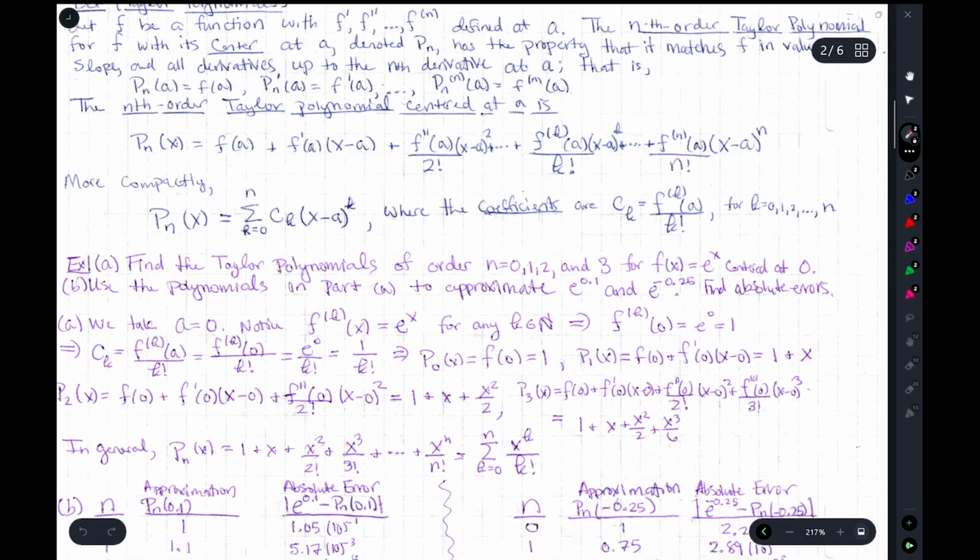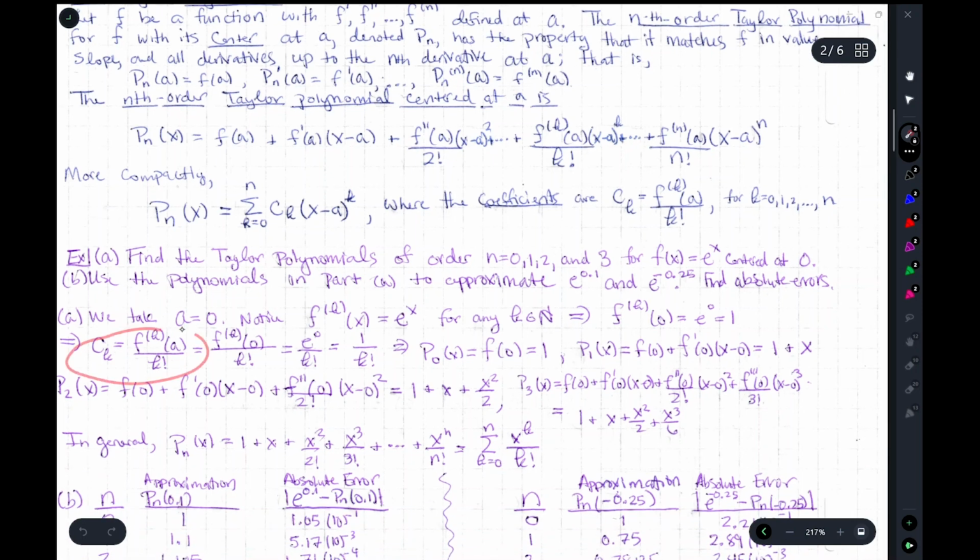So that's really nice. And using our formula for c_k, again, a is at 0, and so we'll get e to the 0, which is 1, over k factorial. This k factorial comes from that formula.